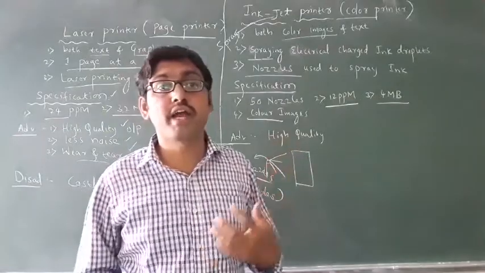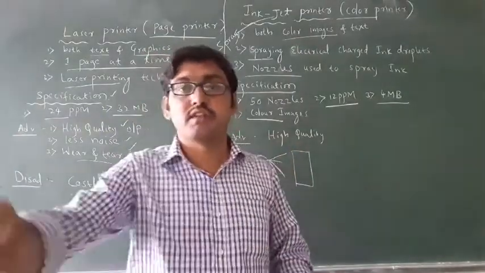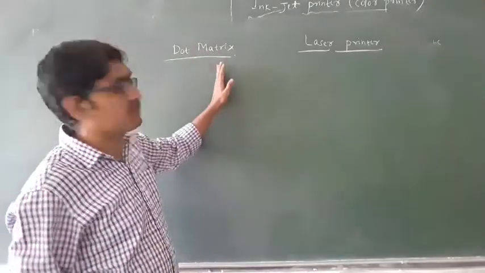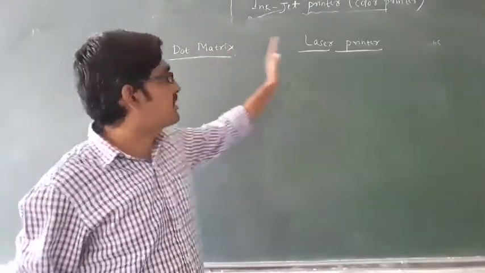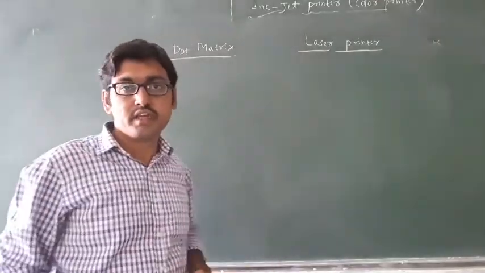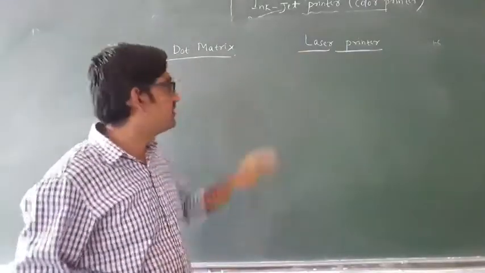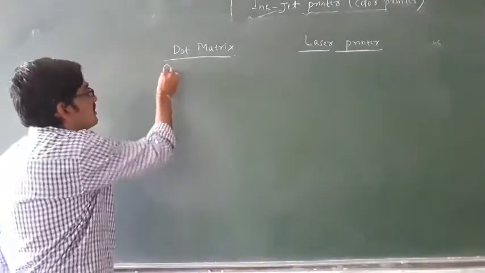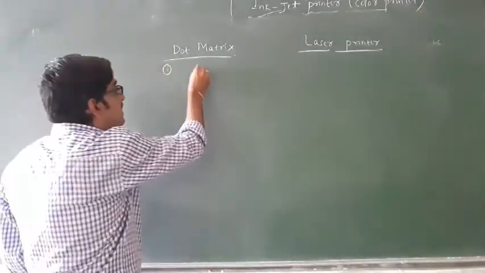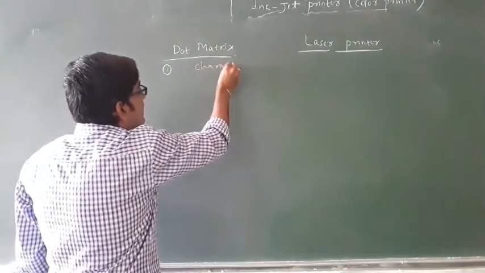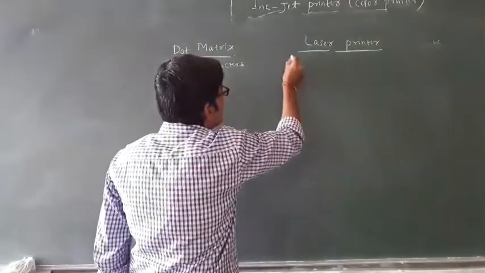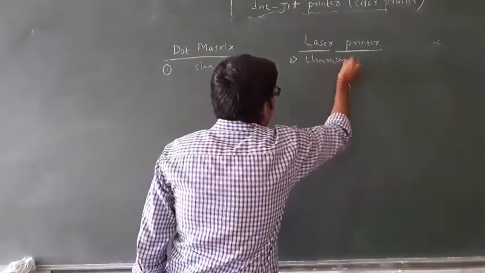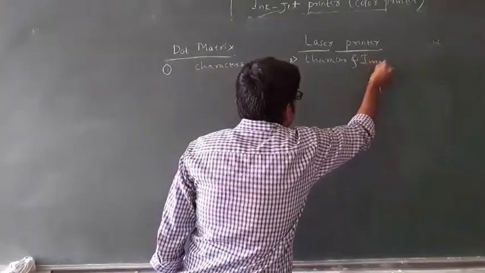In the examination they will ask you to write the difference between dot matrix and laser printer. Dot matrix printer produces only characters, but laser printer produces both characters and images.